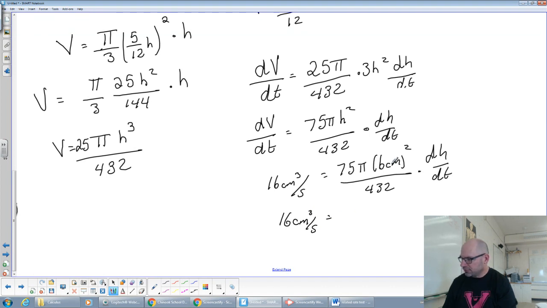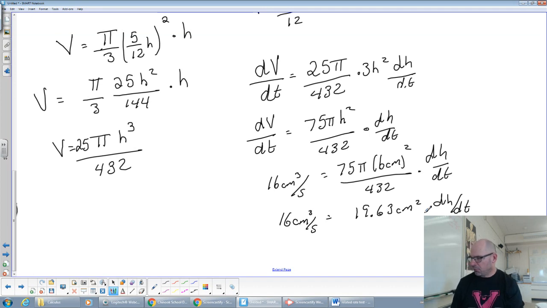And this is centimeters cubed over centimeters, so that's 19.63 centimeters squared times dh/dt. Then we just divide both sides by 19.63, and we get 0.81 or 0.82 or 0.8, whatever you want.